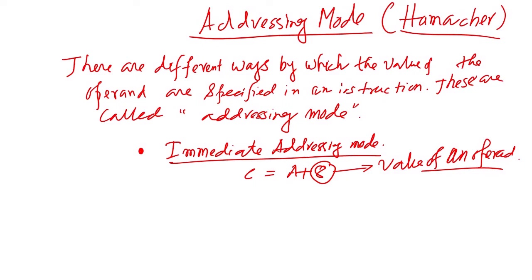If I say instruction-wise, let us say move the value 200 to a register R1. 200 might be a memory location, but here we want the value 200. To distinguish it from the memory location, we put a hash, so that it indicates the value 200, not the memory location 200.